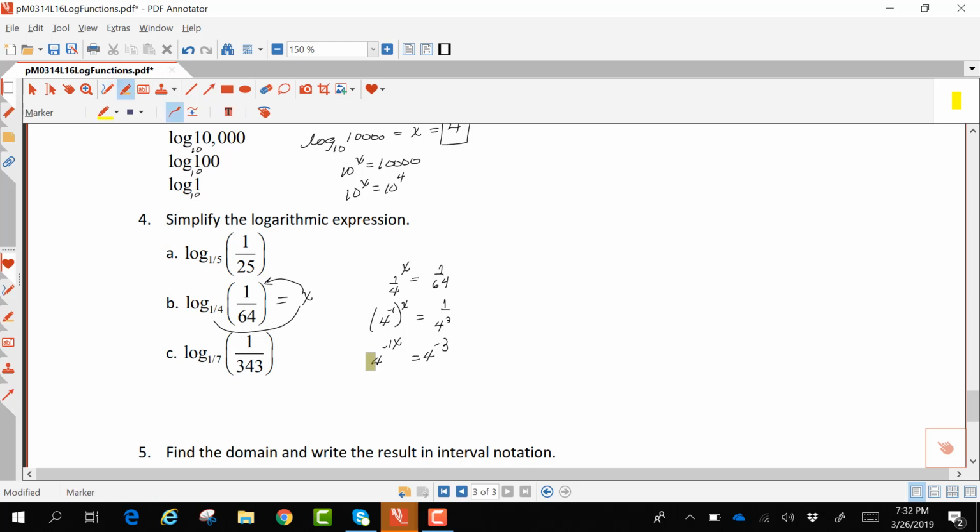Once again, using the solving process we learned in the earlier topic of this lesson, when the bases are the same, I can set the exponents equal, giving a result of 3. So log base 1/4 of 1 over 64 equals the number 3.